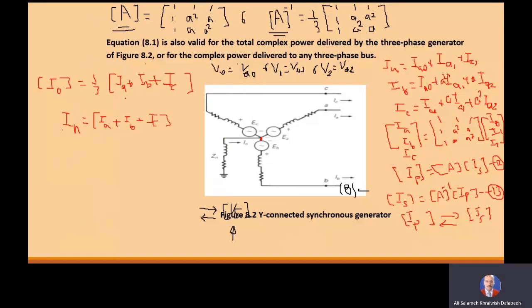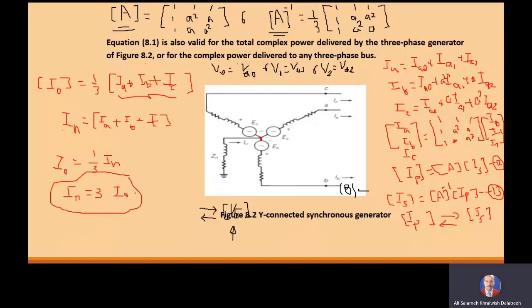So this term is the neutral current. So we can write that the zero sequence current is equal to 1 divided by 3 of IN, or the neutral current is equal to 3 I naught. This is an important note that the student must know.